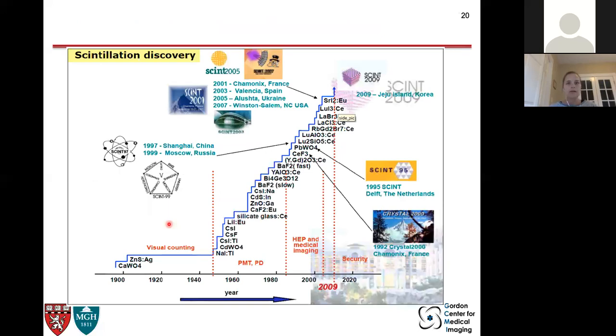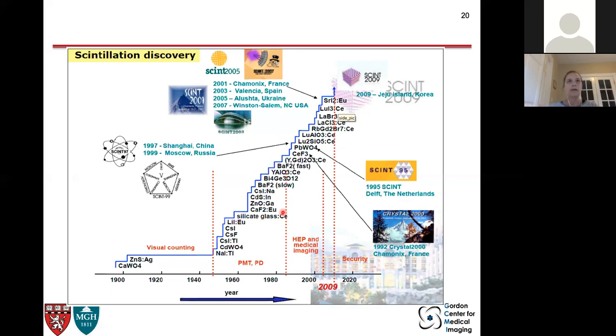So here I just wanted to show a time chart of the development of new scintillators. You can see this is a very active field, especially in the past years. This ends in 2009, so things continue to happen after here. So people are constantly trying to find new, better materials with better characteristics that can be used for improved detection systems.